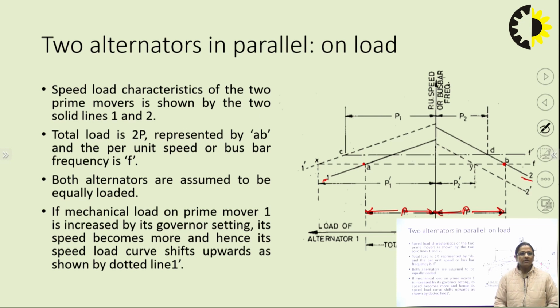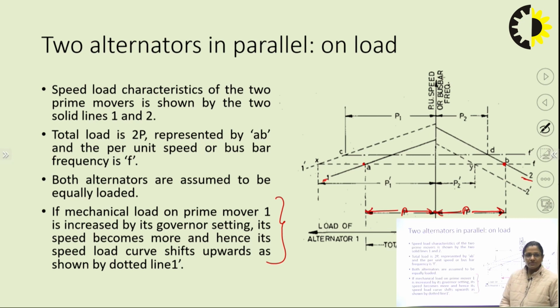Now, suppose the mechanical load on prime mover 1 is increased by its governor setting. For increasing the mechanical load on prime mover 1, what we have to do is to change the governor setting of the prime mover. So, supposing that the governor setting of prime mover 1 is changed in a manner so that it increases the mechanical load on prime mover 1.